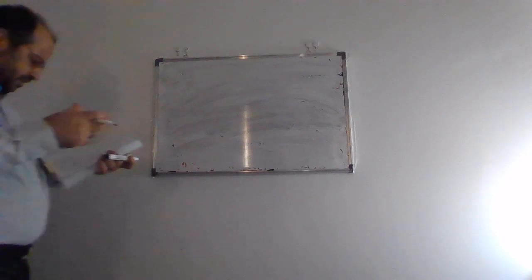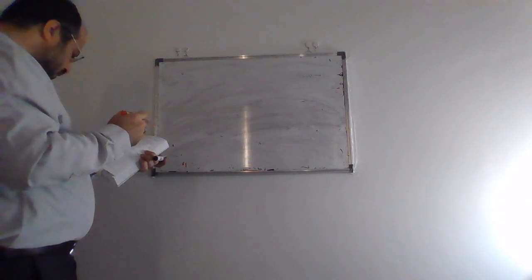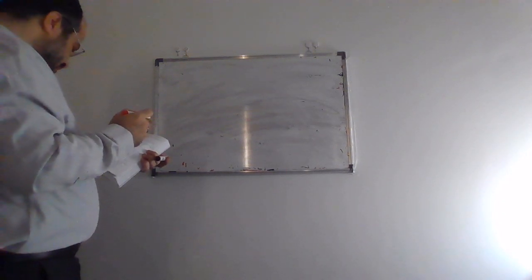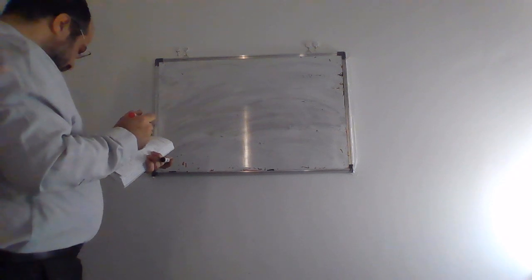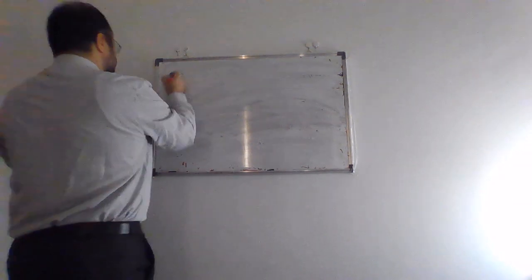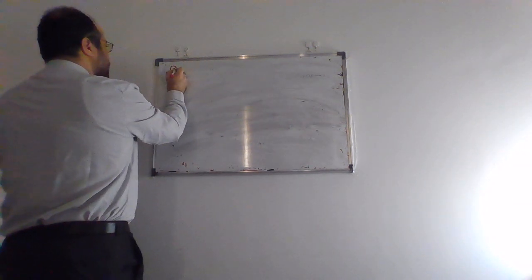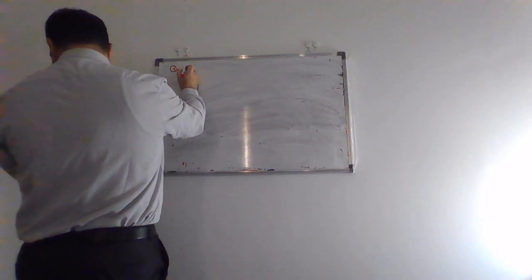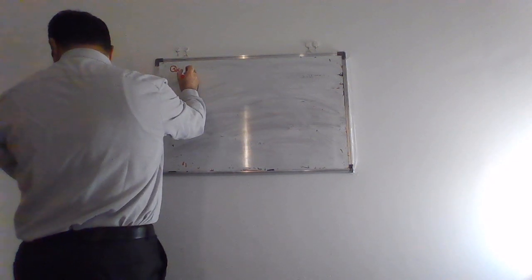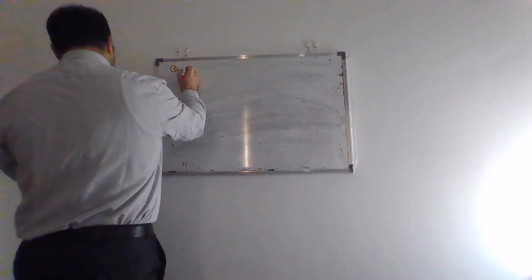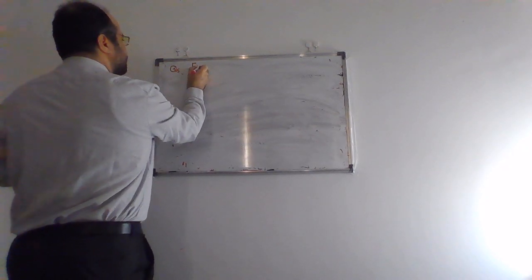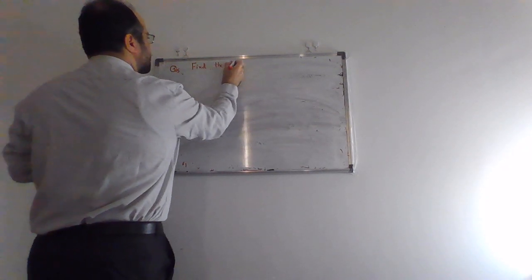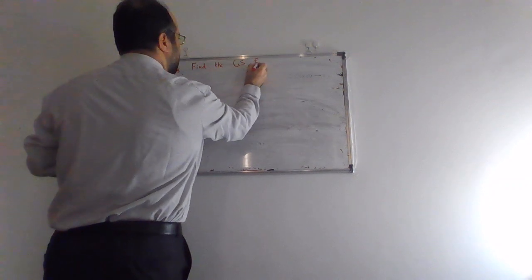Here is another question from the book. We could go, for example, with question number 5. Question number 5 in the book. It says find the general solution. Find the general solution for what I'm going to show you.